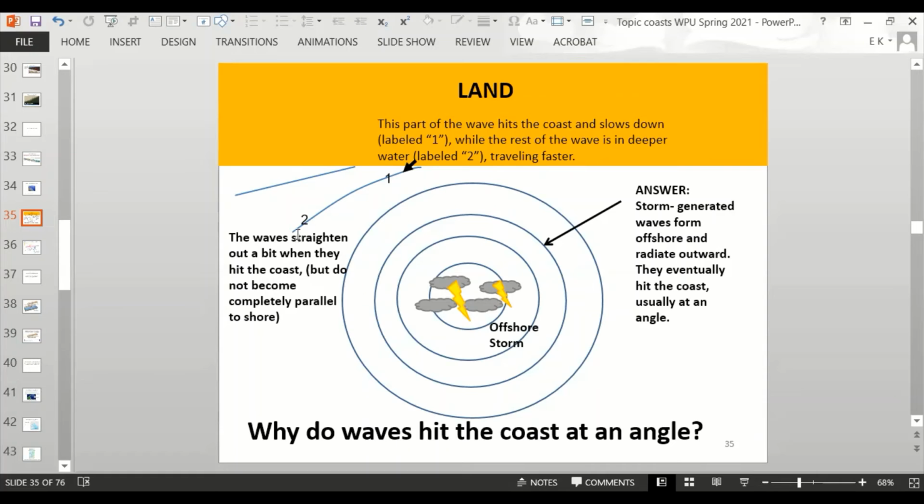That causes the wave to move on an angle a little bit and straighten out a little bit. So when it hits the coast, it's a little bit straighter than this angle. You see how this is more angled, and this is a little bit straighter, parallel to the coast. It doesn't become completely parallel to the coast though, but is a little bit straighter than it was before.